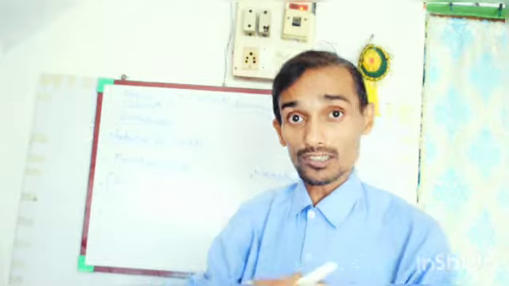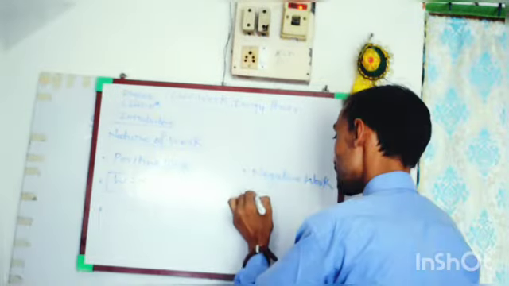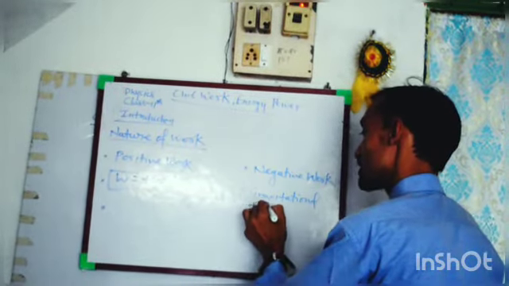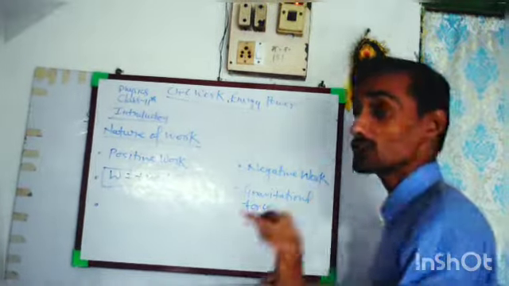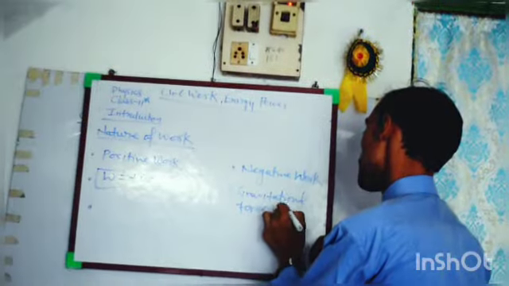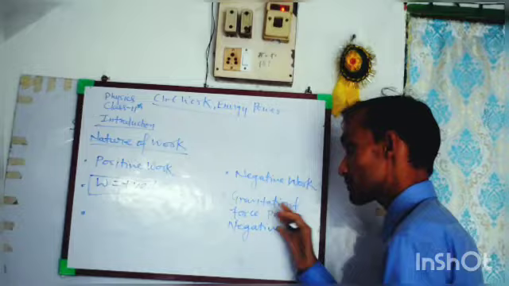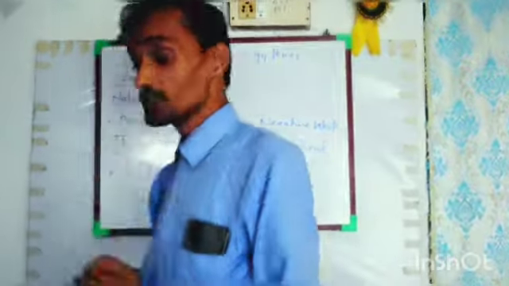Just like when you are lifting a weight upward, your whole weight acts on the ground downward, so there is a gravitational force, and this gravitational force produces negative work.